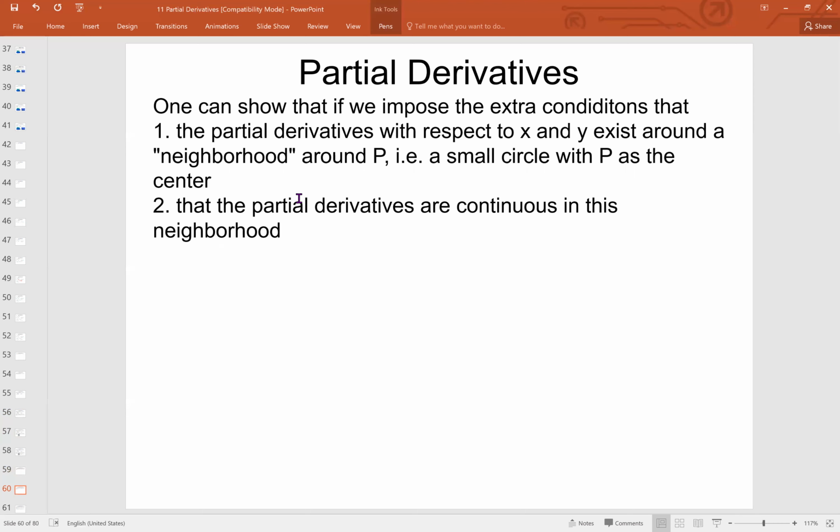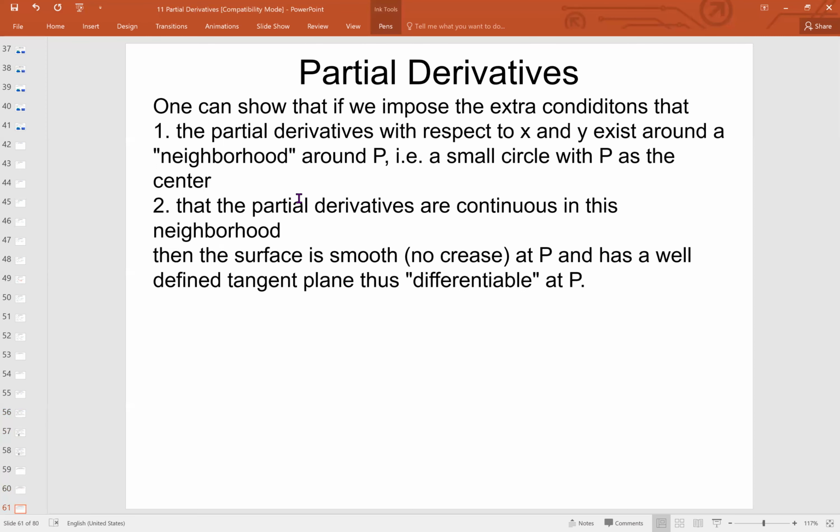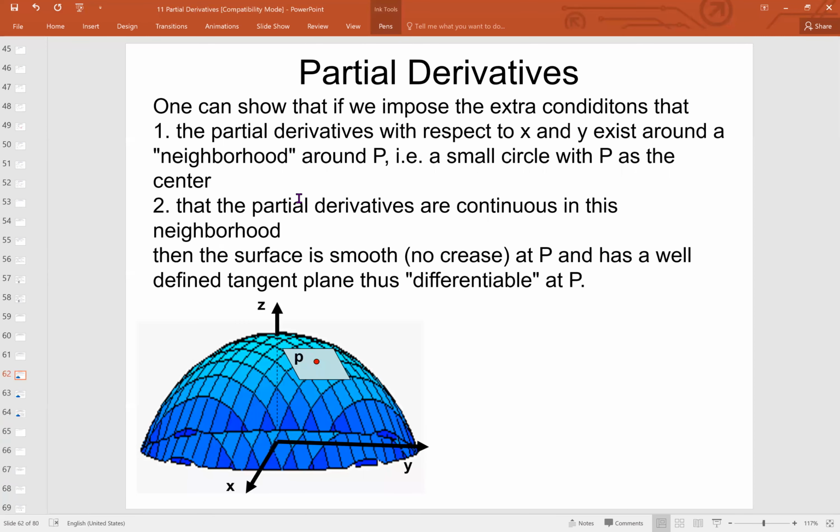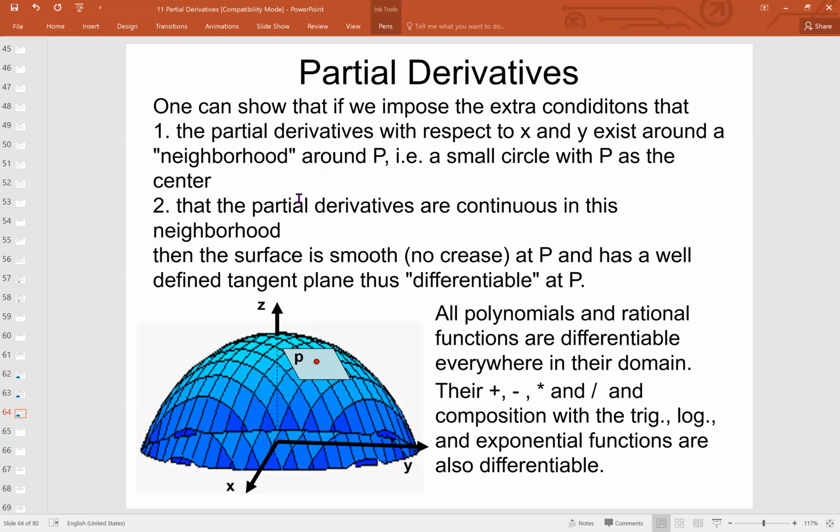That's condition number one. And condition number two is that not only do the partial derivatives exist, but they are also continuous. If both conditions are satisfied, then we have the corresponding idea of a smooth curve for a smooth surface. It means basically no crease.